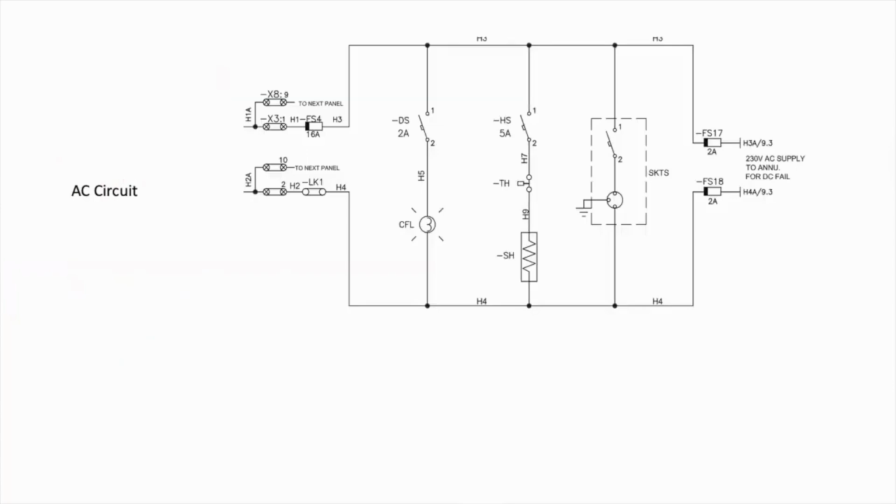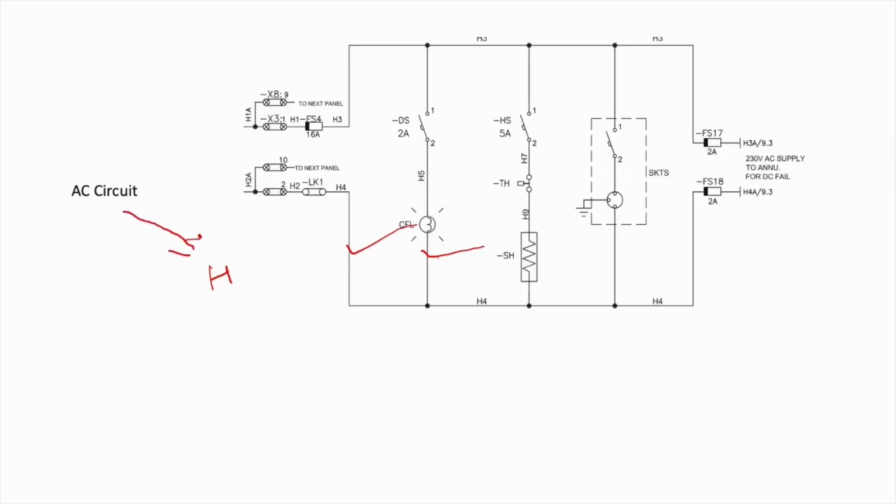AC circuits are also present in our systems within our panels. So the AC ferrule is H, where AC is used for bulbs, heaters, and our spring charge motors. They also need AC power. So H defines the AC circuit.